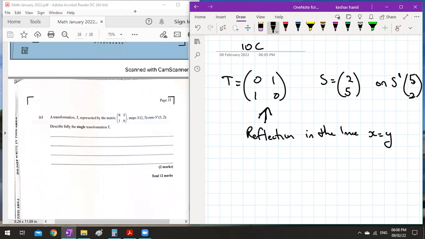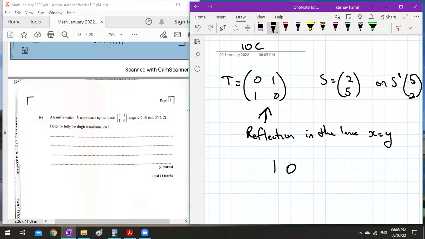And if y is 5 here, it will be the x value in the reflection. So there's a reflection in the x equal to y line. Sometimes a way to prove it is to draw a little graph, but because of how the question is structured, you just need to know what it is.